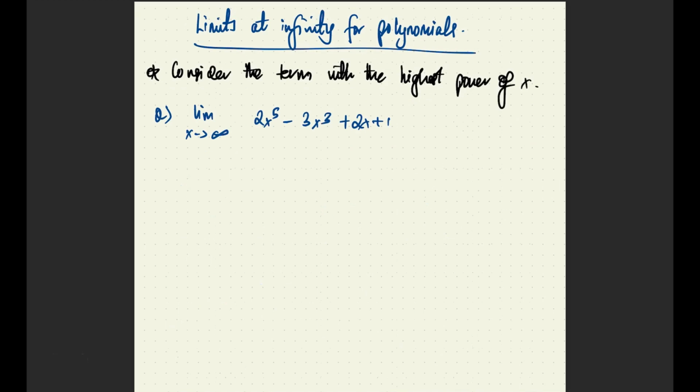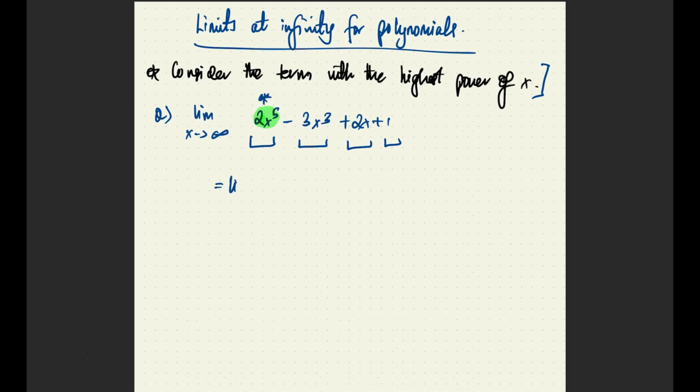The trick is what's written over here: you just consider the term that contains the highest power of x. This term contains x to the power of 5. This term contains x to the power 3. This term contains x to the power 1, and this term does not contain an x. So which is the term that contains the highest power of x? Pretty obvious, right? It's this term over here. So we just need to consider this term to evaluate the limit.